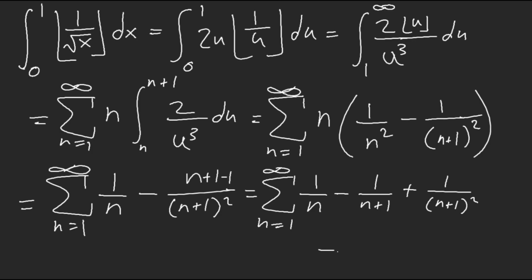And so now our answer was just simply 1 plus pi squared over 6 minus 1. So this just cancels out to pi squared over 6.